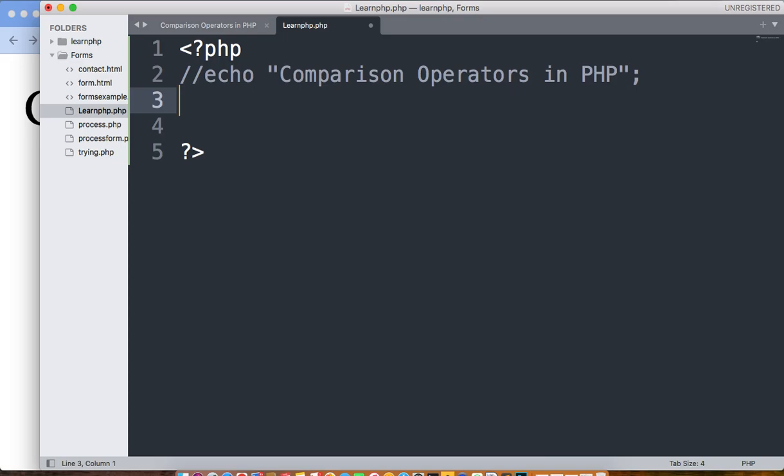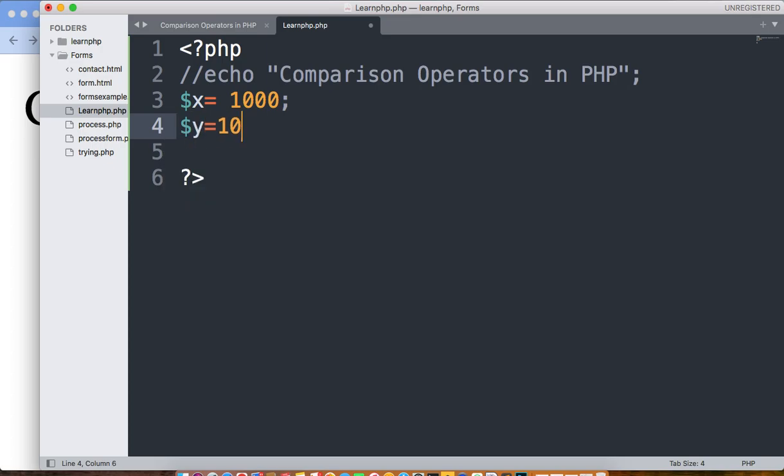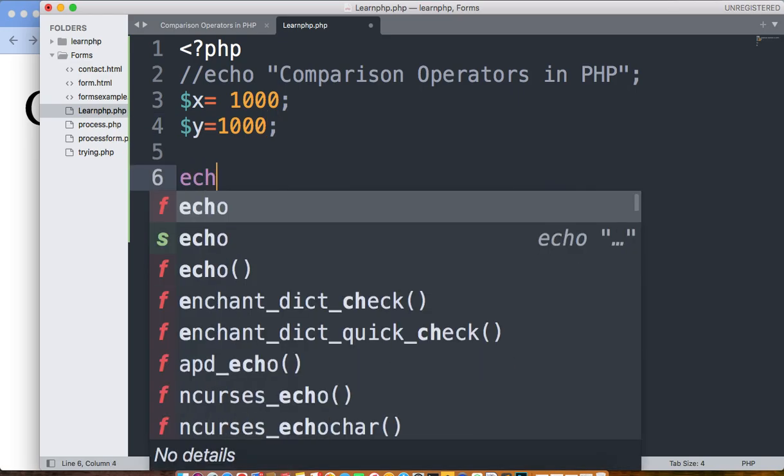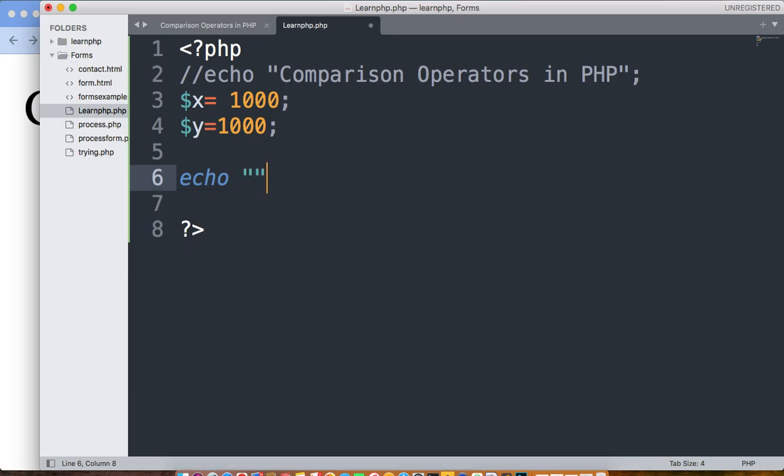Let's say, for example, we have x equals 1000, and y equals 1000 as well. Now, how can we verify if both of them are equal? It returns true if x is equal to y.